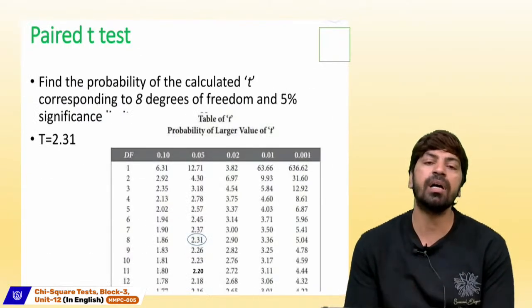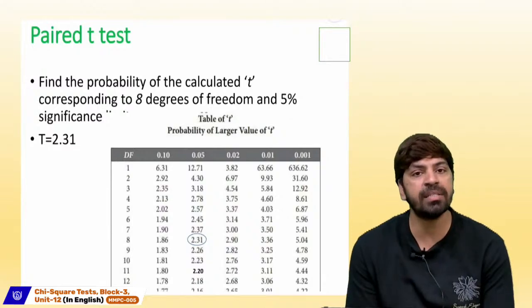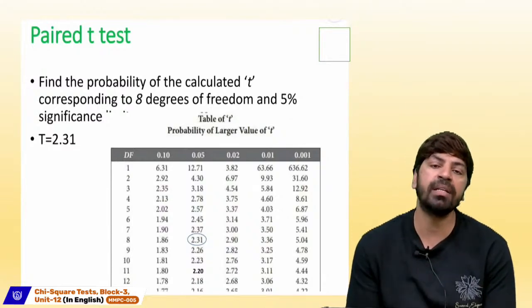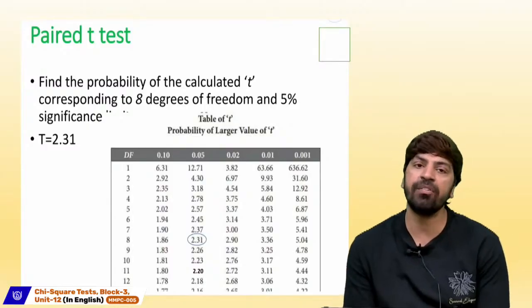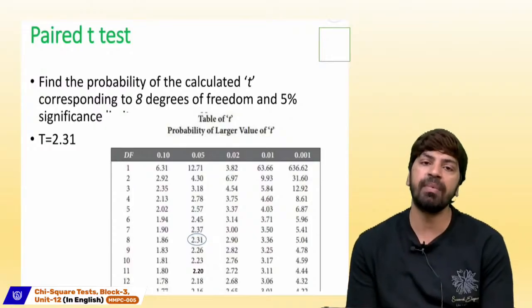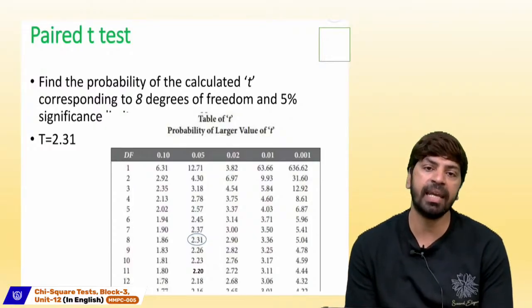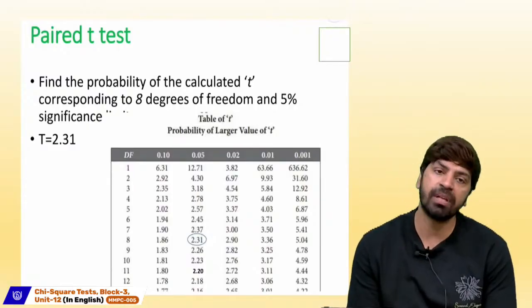So this is the table of t critical values. We have already calculated the degree of freedom, that is 8, because n minus 1 is 8. The 5% level of significance is already given in the question.